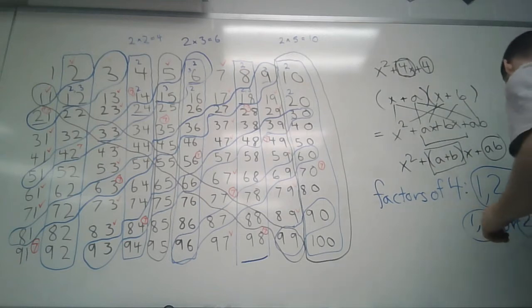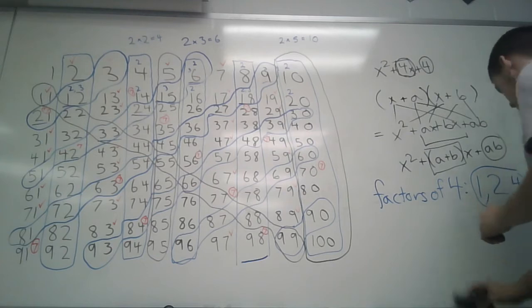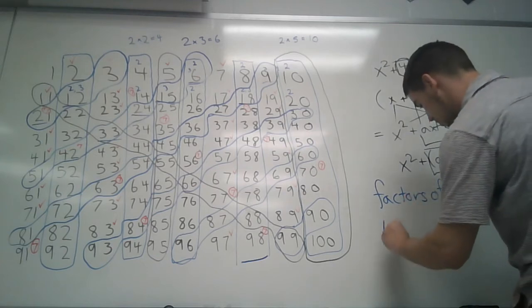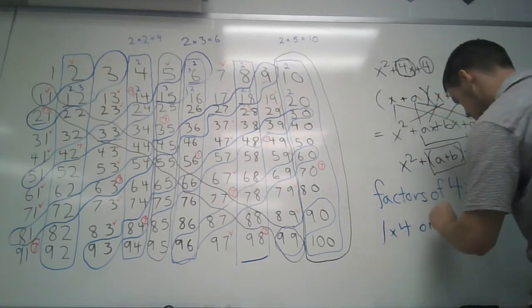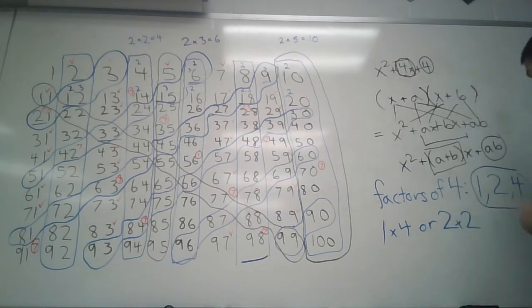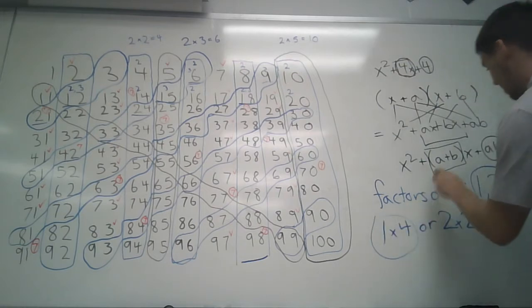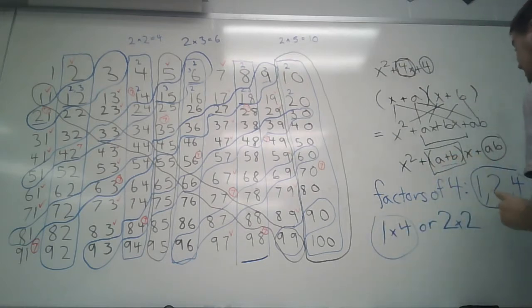I'm going to go ahead and put that closer on the screen. And now, one of these pairs needs to add together to get 4. If we take 1 plus 4 and add them, we get 5, so that doesn't work. Meaning the only choice we have left is 2 plus 2.